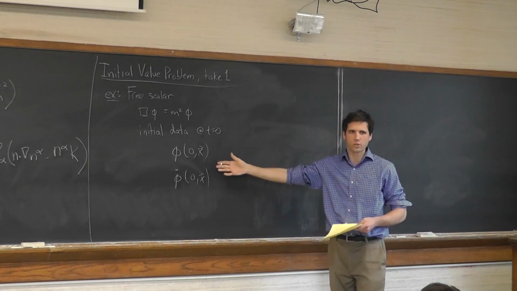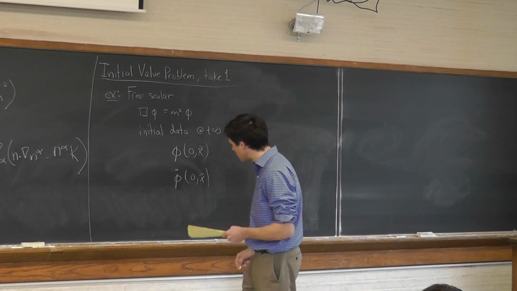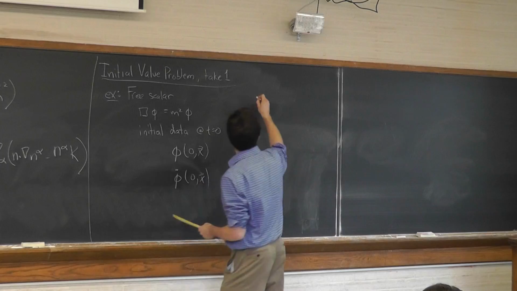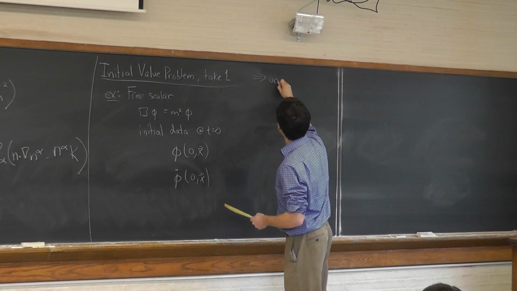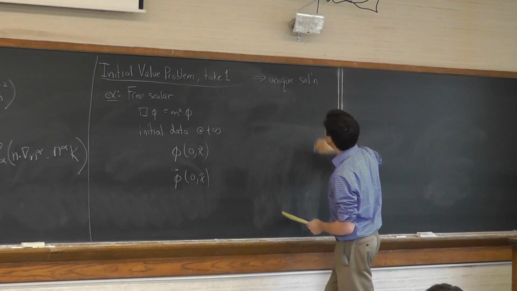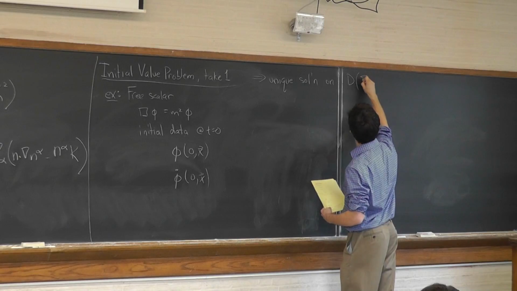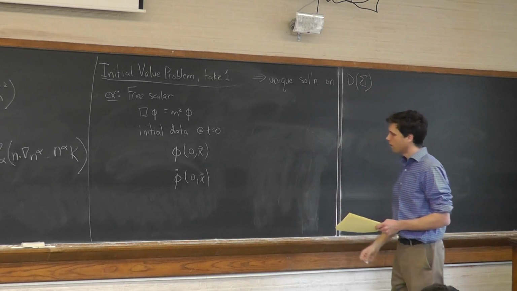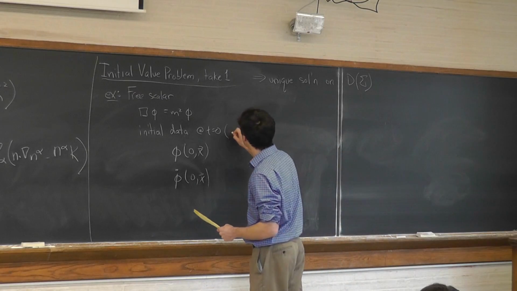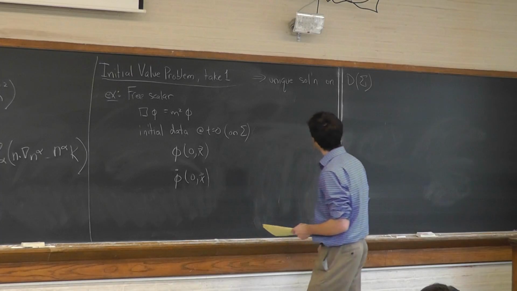These are two free functions. You can make them whatever you like. And if I give you these two free functions, then you get a unique solution of the differential equation on what I'll call D of sigma. So let me say initial data at t equals 0 on some domain sigma.